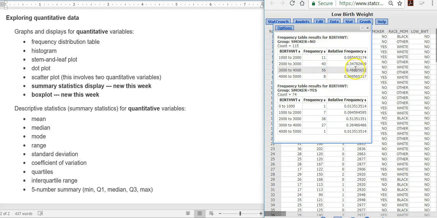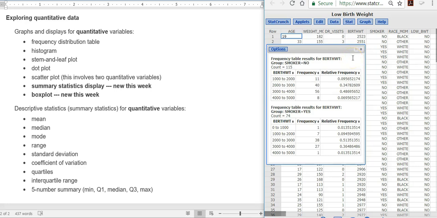That had 49% of the babies at that weight. In the smokers group, the highest frequency class was 2,000 to 2,999, and that had 51%. So that's a major difference when we have almost 50% of these babies with much higher weights than the highest class for these babies. So that's one thing I would notice looking at these two tables.